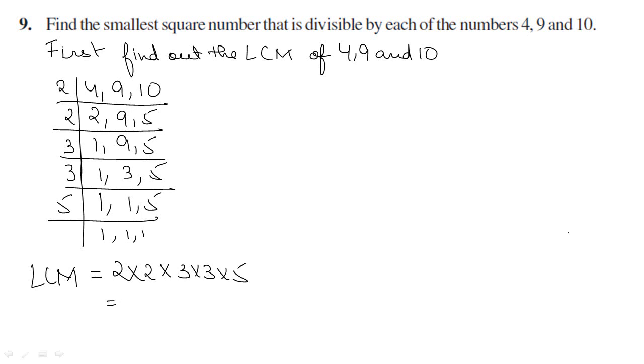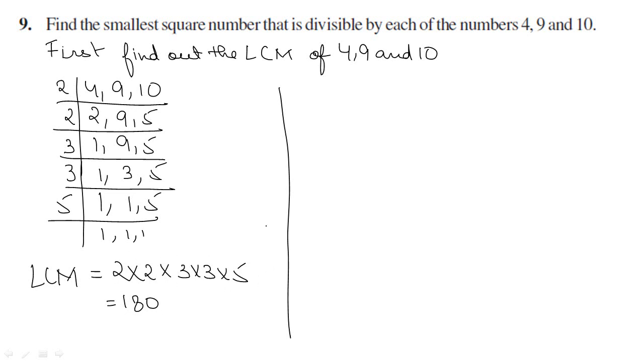Now we want the smallest square number. We know that 180 is not a perfect square number, so we have to multiply. This is the prime factorization: 180 can be expressed as 2 into 2 into 3 into 3 into 5.